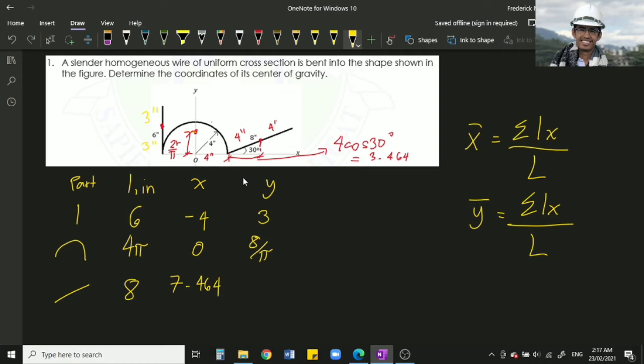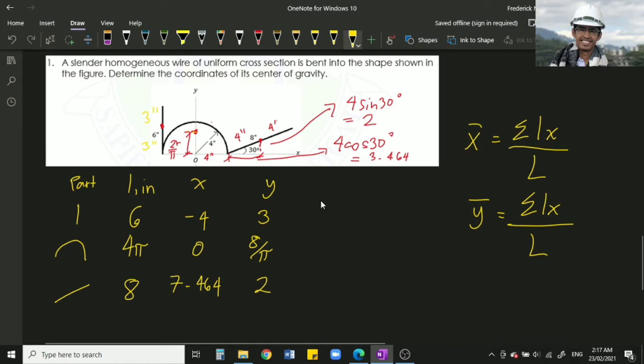Okay, and yung bar y naman natin, so cosine yung ginamit natin kapag x, so sine naman dito yung gagamitin natin para makuha itong distance na to. So that will be 4 sine 30 degrees. Okay, so that will be equal to 2. Okay, therefore yun na mismo yung ating y, bar y. Okay, so for bar y, that will be 2. Okay, yan.